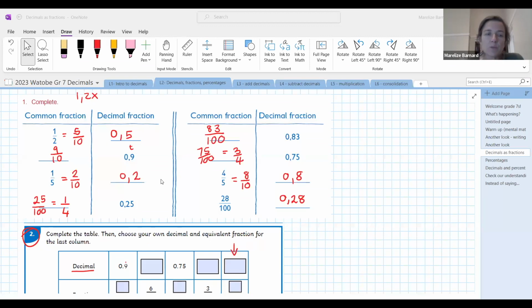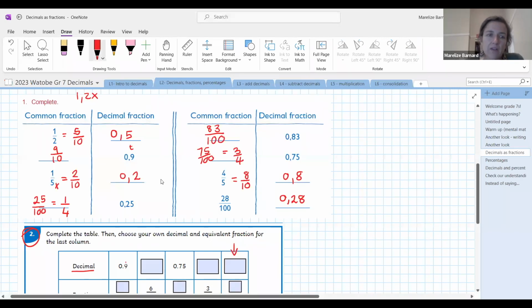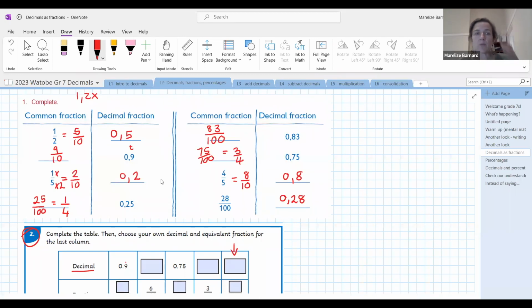So 1/5 will be 2 tenths, and one way to figure that out is to say 5 times 2 gives me 10, and then I do the same at the top. Some teachers teach that what you do at the bottom, you must do at the top. So you multiply by 2, and you get 2 tenths. So that's one way of doing it.